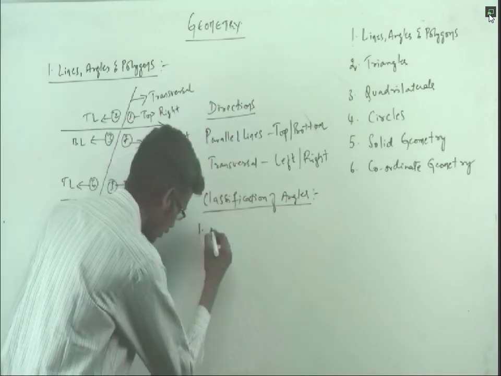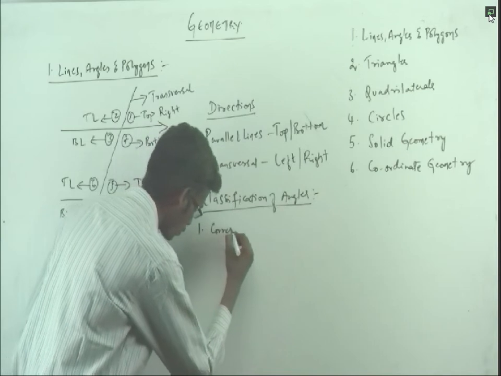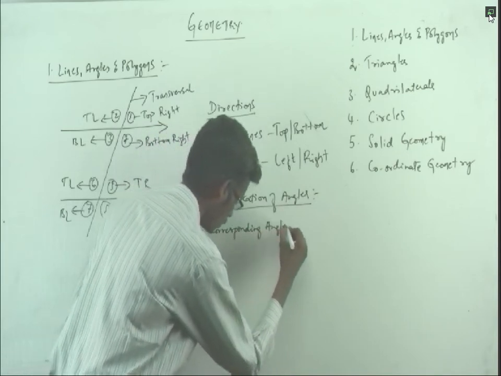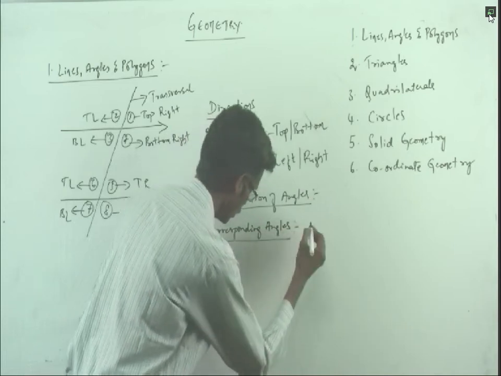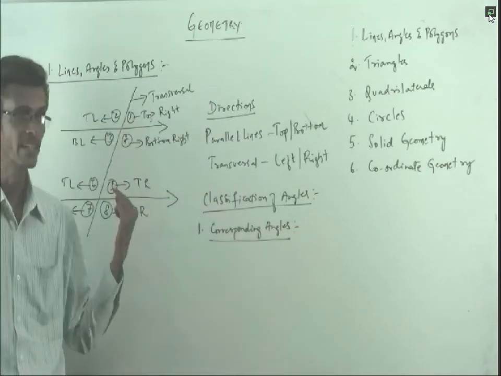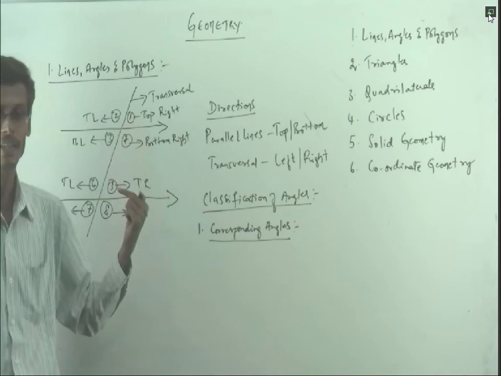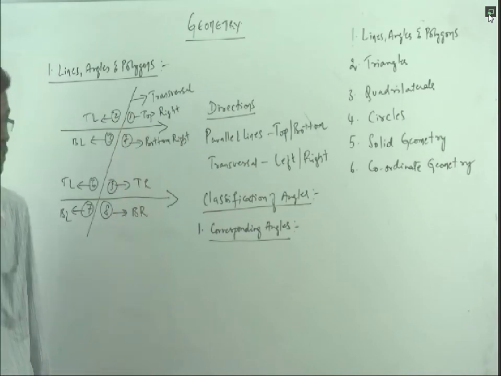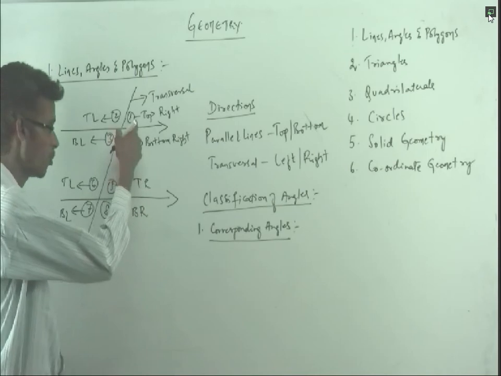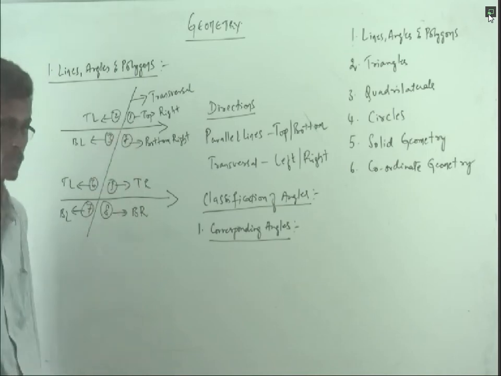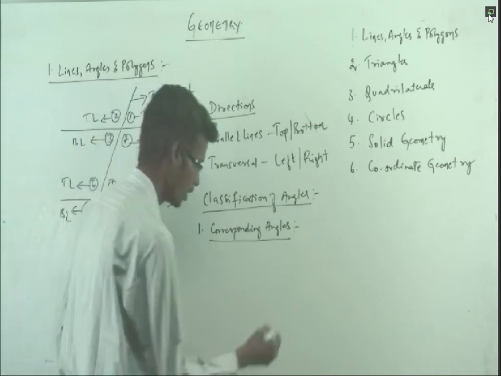The first classification is corresponding angles. To put this definition in a very simple way, any 2 angles which have the same positions are called corresponding angles. For example, you can see the position of 1 is top right, the position of 5 is top right. That means these two angles have the same positions. So they are called corresponding angles.